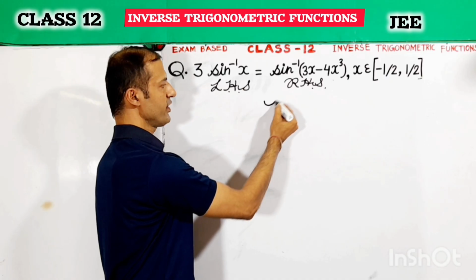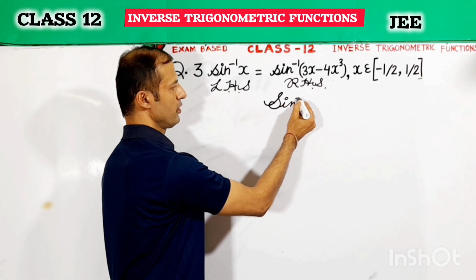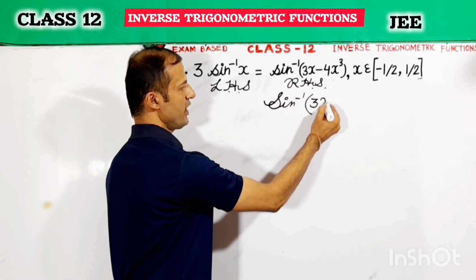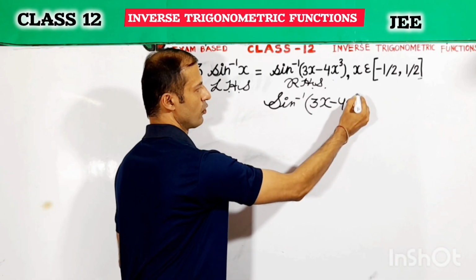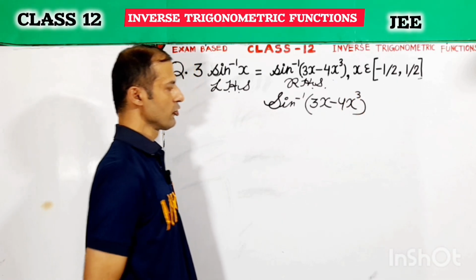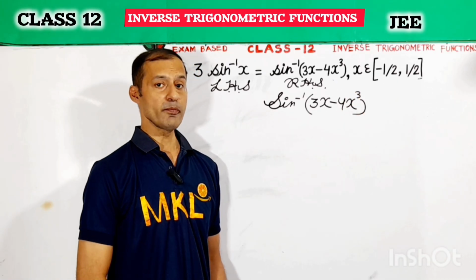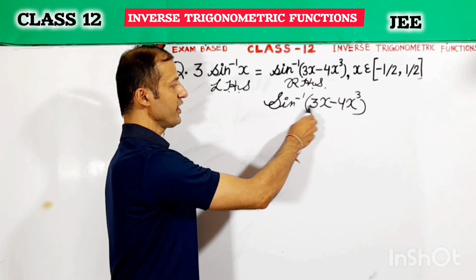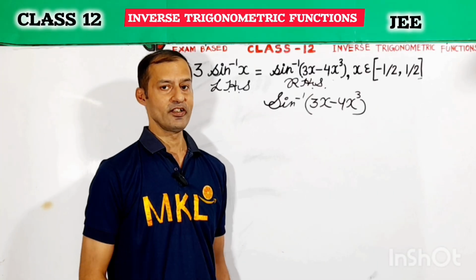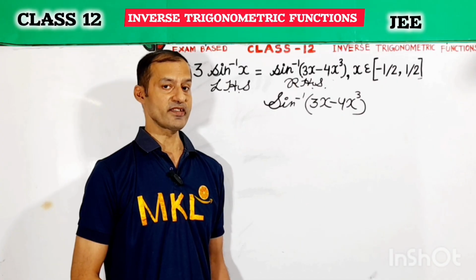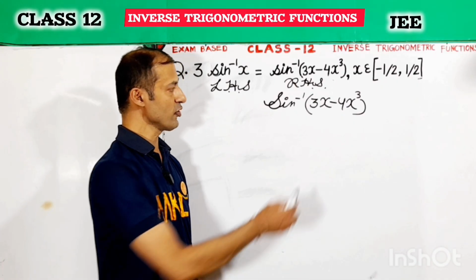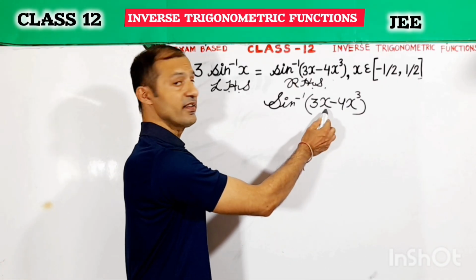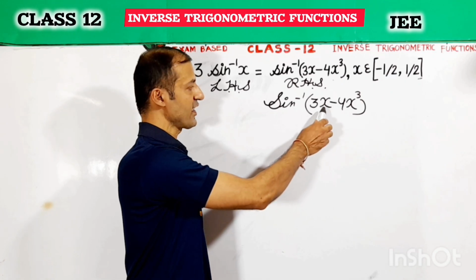In the right hand side is written sine inverse of (3x minus 4x cube). We just need to remember what to put inside, and that will create the formula outside. Suppose I keep sine theta in place of x.